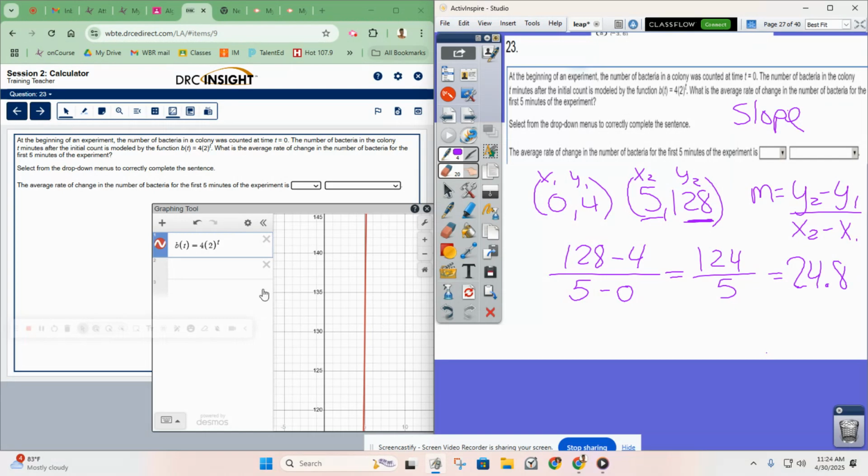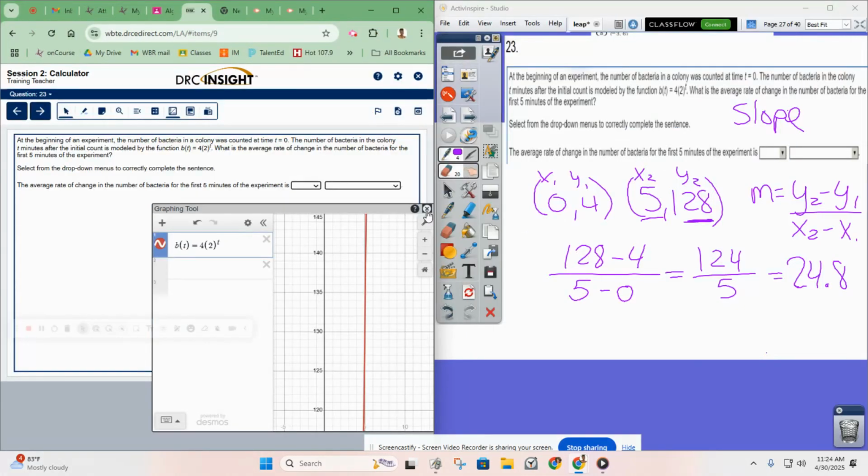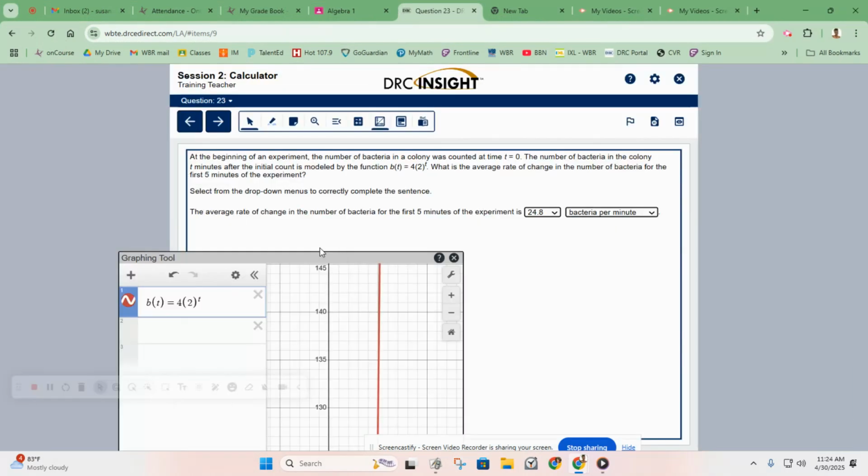So let's look at our drop downs. In the first 5 minutes, it was 24.8 bacteria per minute. A rate of change is always going to have a per. So it's 24.8 bacteria per minute.